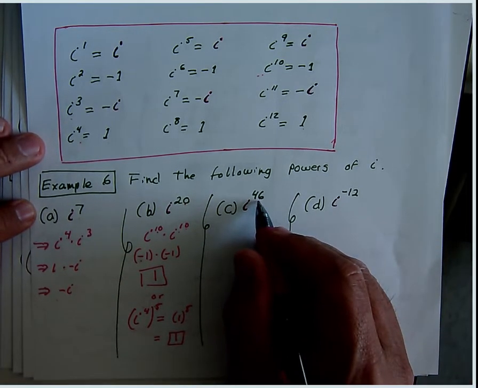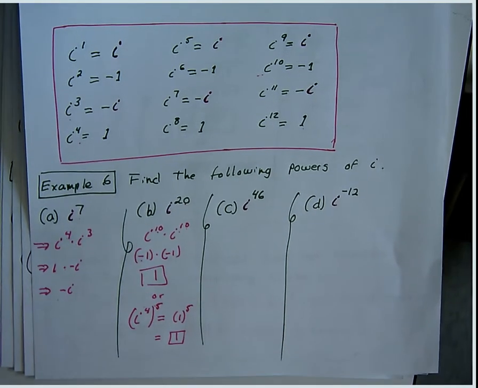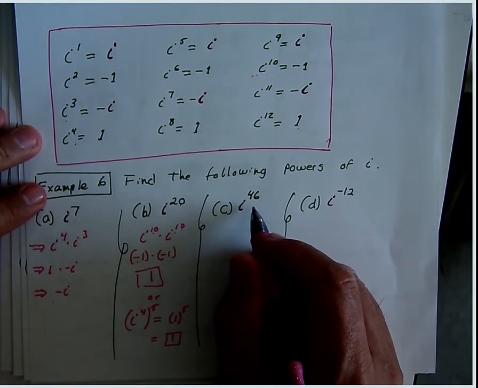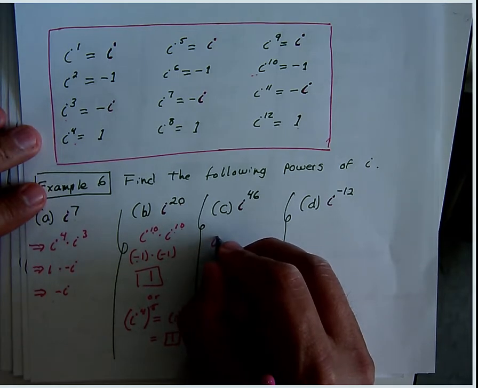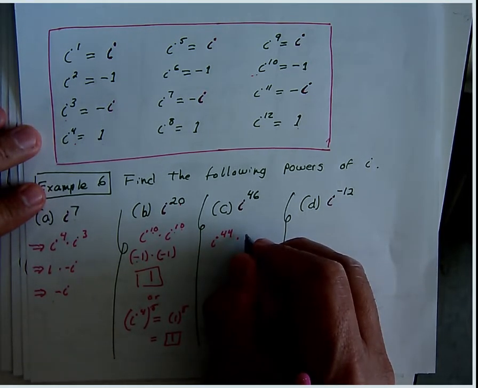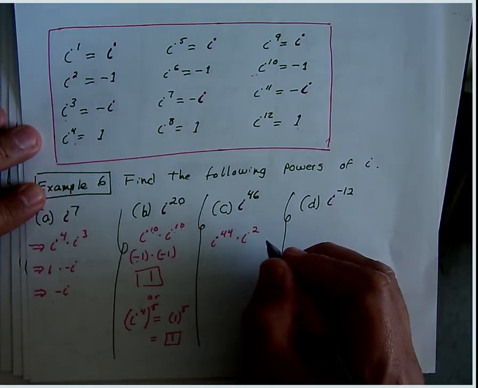This one again, you can use both. You can either find something here that divides it, and then so i^46 would be i^44 times i to the second power.